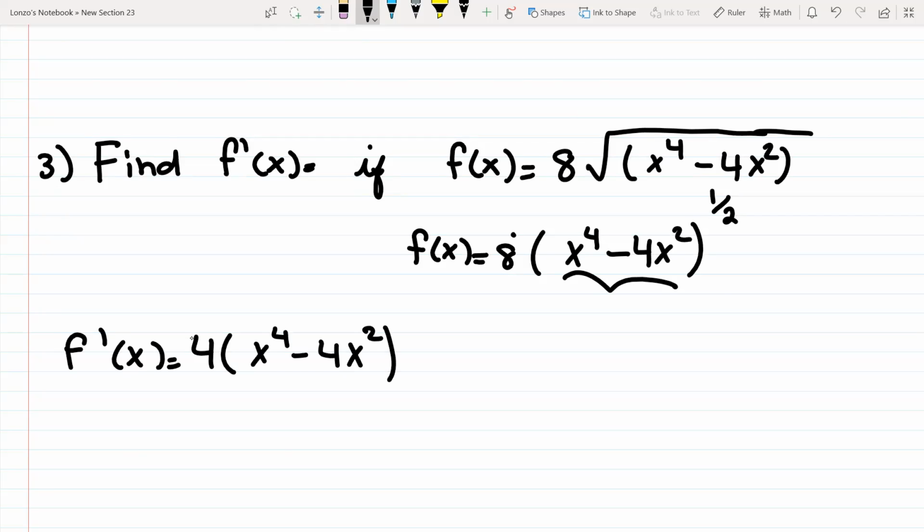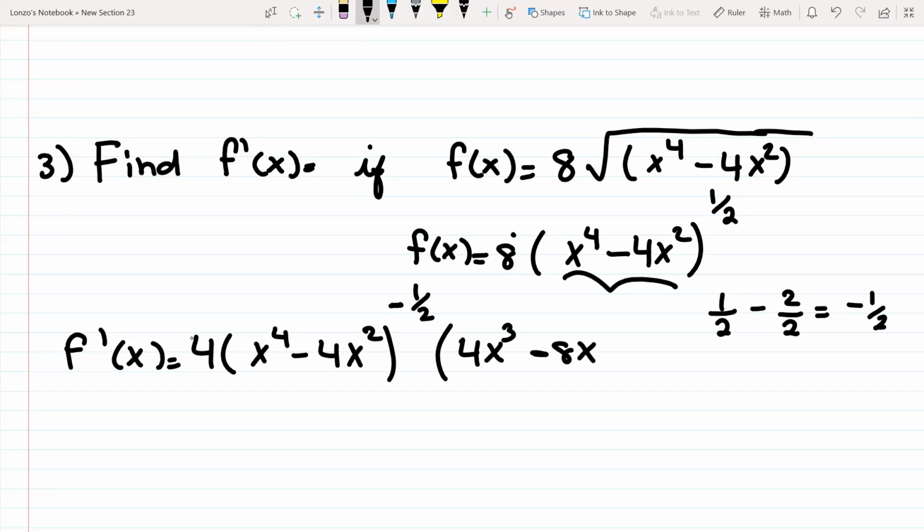And then the power is going to be 1/2 minus 2 over 2, so 1 minus 2 is negative 1 over 2. And then you take the derivative of the inside. So the derivative of x to the fourth minus 4x squared is going to be 4x cubed minus 8x.